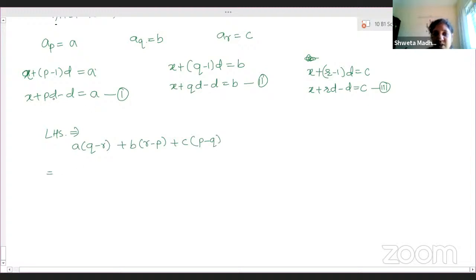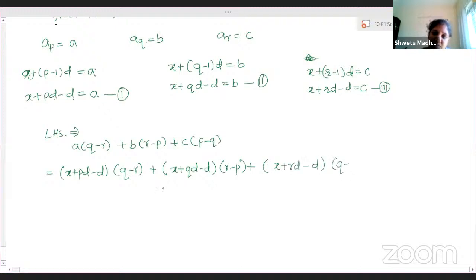A is X plus PD minus D. Substitute that: (X plus PD minus D) into (Q minus R) plus B, whose value is X plus QD minus D, into (R minus P) plus C, which is X plus RD minus D, into (P minus Q).